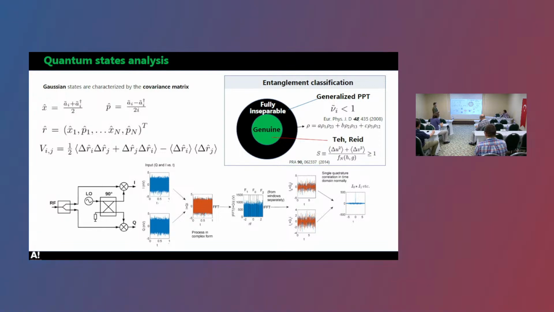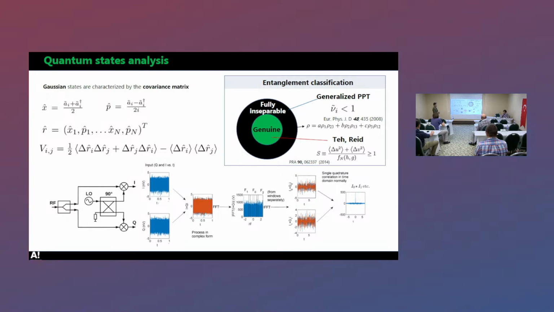And the way we construct this matrix is the following. We measure the whole signal that goes out of the device, at a certain band, and of course it's defined by the sampling rate or something like our measurement setup. And then we measure I and Q quadratures, and of course we capture that signal in time. Then we combine them as a single complex signal.